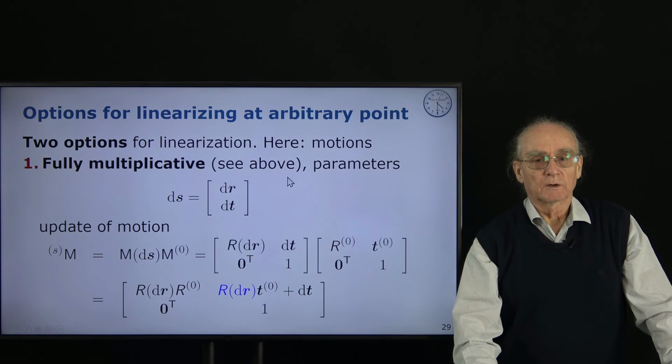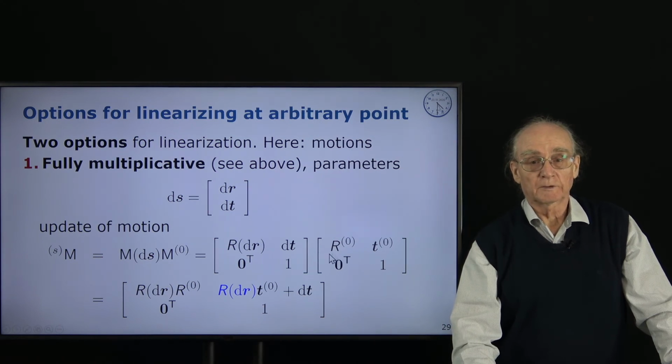What we did up to now was the following. We have put the two parameters dr and dt in one vector ds and took the approximate motion, multiplied with the small motion, and got the motion after this correction. Now, if you write this out, we obtain the following. Here we have the approximate motion with the approximate rotation, the approximate translation. And here we have the small rotation and the small translation.